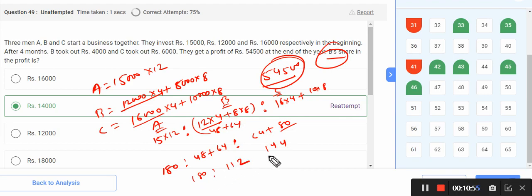The ratios were right. So here I made the mistake.